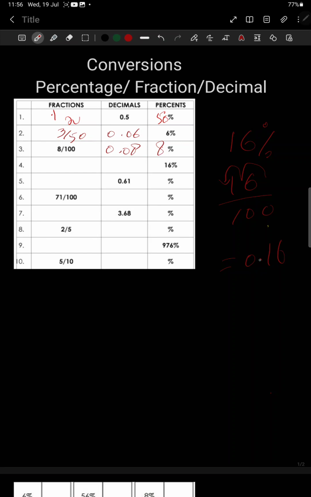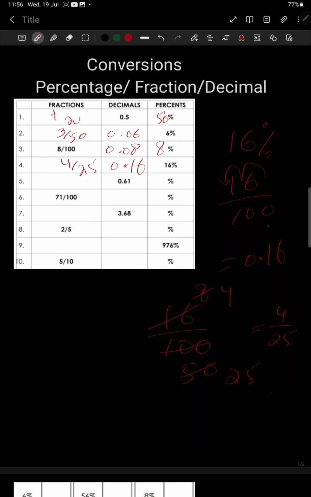So the decimal will come over here: 0.16. And while changing it into fraction, I need to simplify it. 2 8s are 16, 2 50s are 100, again it is going to be cancelled out by 2, 2 4s are 8, 2 25s are 50. So finally in the simplest form it is 4 by 25, because 4 and 25 are not coming in the same table.